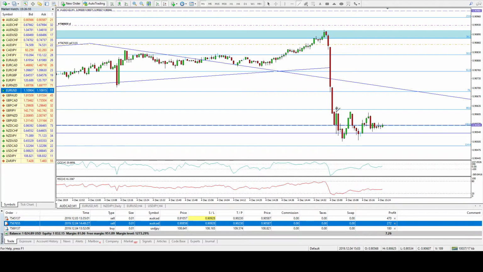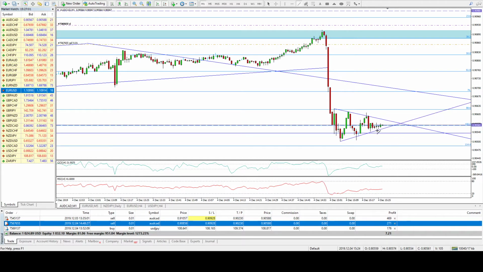It's a pennant in a 1 minute chart. A pennant is usually considered a continuance pattern. However, because of the way it is formed, there is a possibility that the price goes either way. But the majority of the time, it's a continuance pattern.